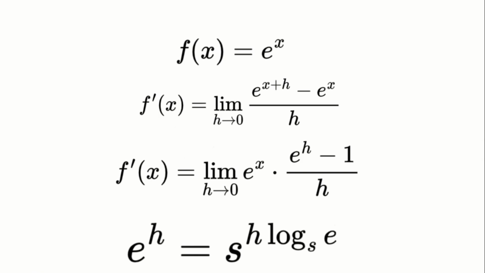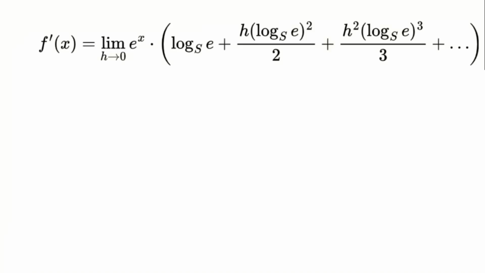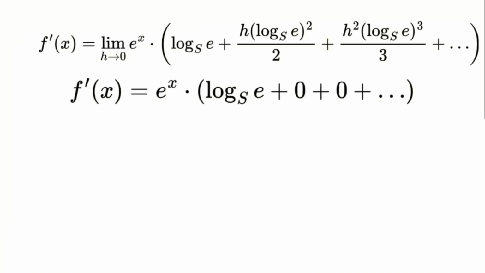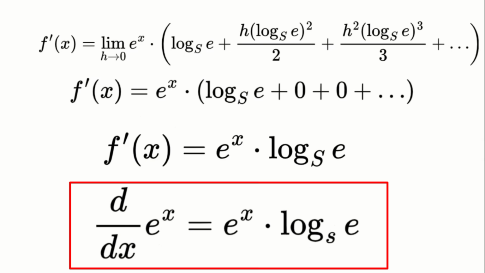Expanding e to the power of h using the s function, we get e to the power of h equals 1 plus h times log base s of e plus h squared times log base s of e squared over 2, and so on. Substituting this back into the derivative expression and simplifying, we find the derivative of f of x equals e to the power of x times log base s of e. And there you have it, the derivative of e to the power of x using the s function.